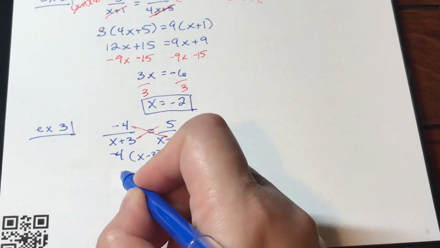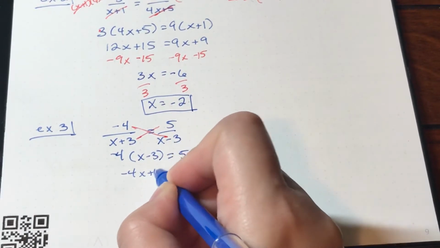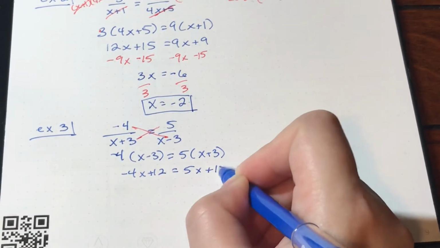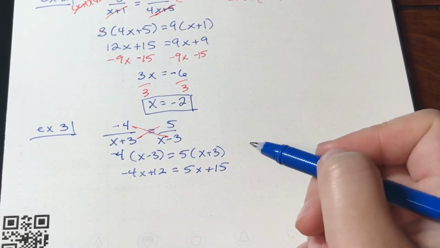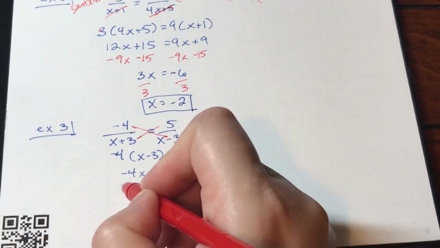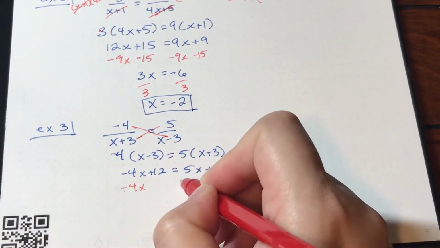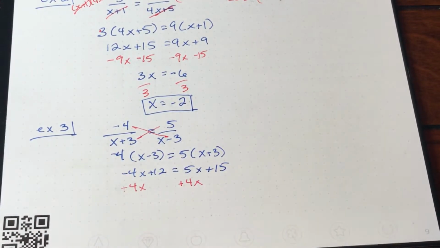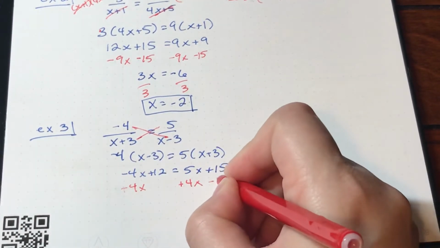So I get -4x plus 12 equals 5x plus 15. And then I'm going to add 4x, and I'm going to subtract 15.